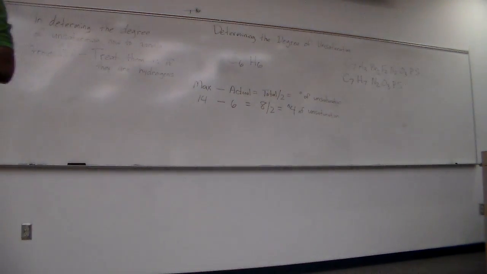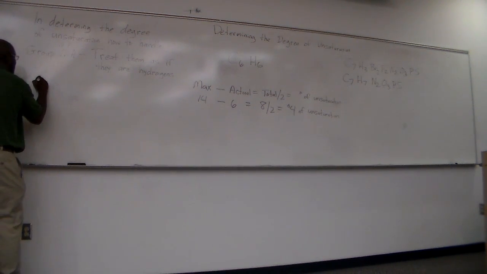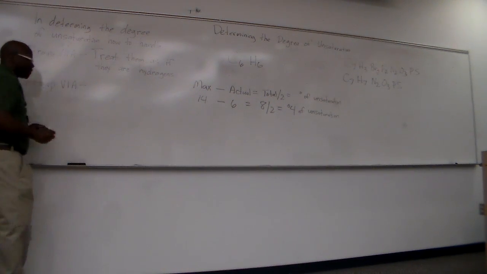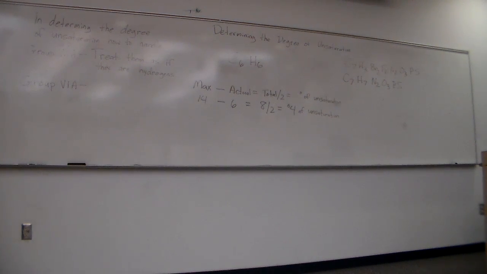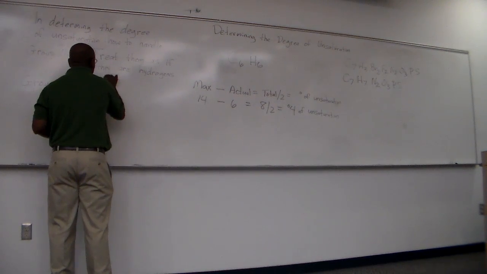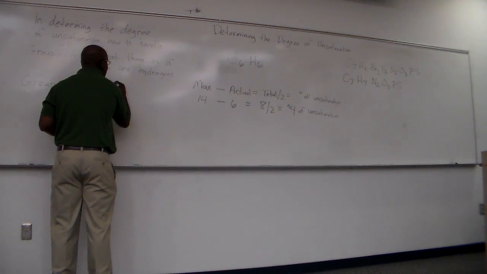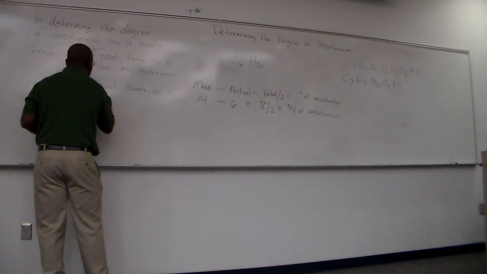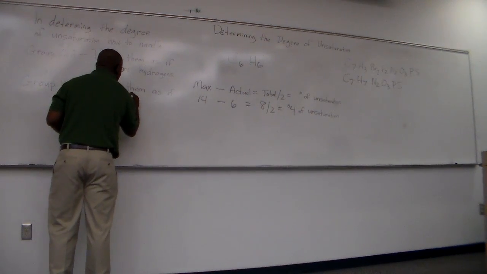The next one on the periodic table is group 6A. Treat them as if they were class clowns. They are class clowns.